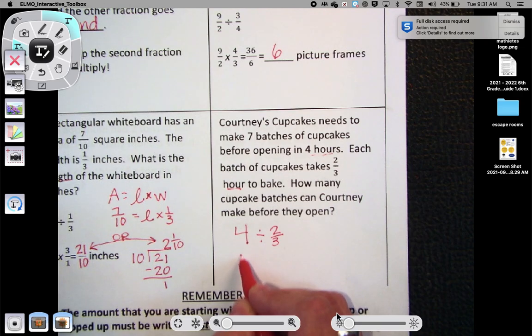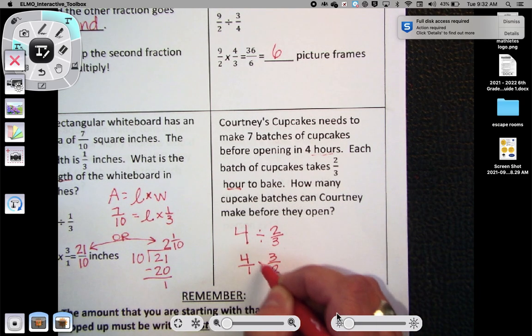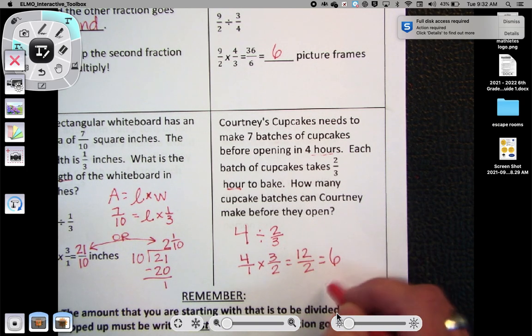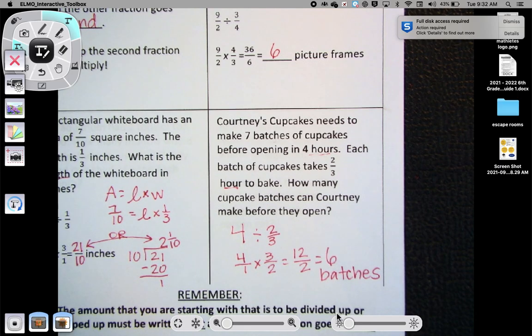Remember, if we're given a whole number, rewrite it with a denominator of 1, flip the second fraction, and multiply. When we simplify, we know that Courtney can make 6 batches of cupcakes in 4 hours.